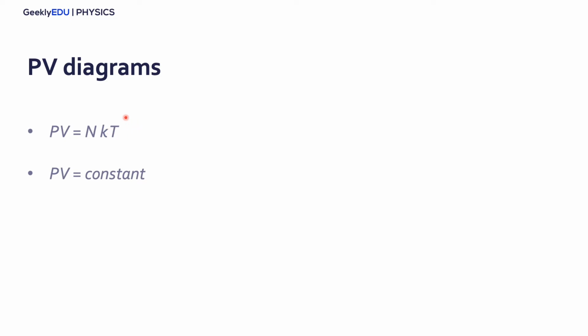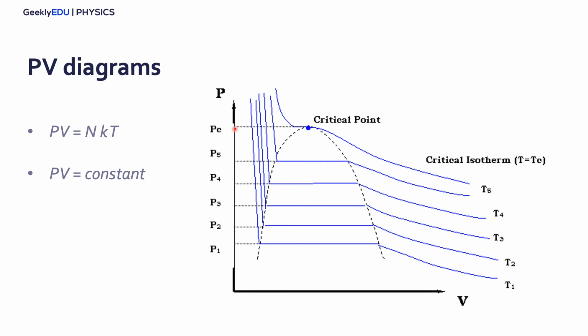Also, if we trace lines making P and V constant, we would have something that looks like this. Okay, we have a diagram that's relating pressure and volume. So we have constant pressure lines and constant volume lines in the vertical.